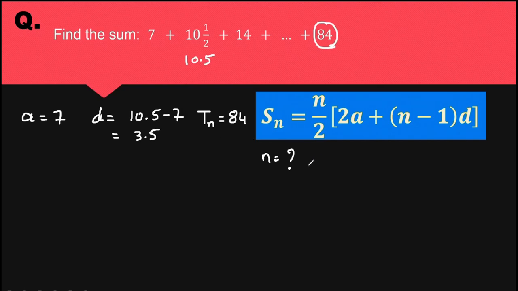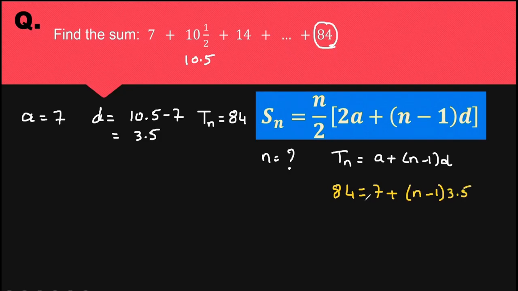So using our first formula of Tn, that was a plus (n minus 1) times d, we can solve for n from that formula. 84 equals 7 plus (n minus 1) times 3.5. This type of sums we have done in the first part of this session.